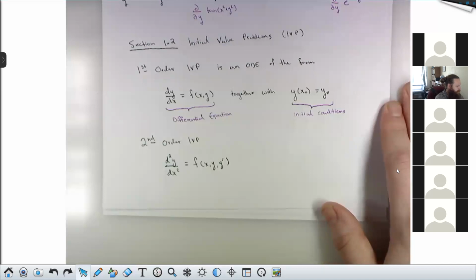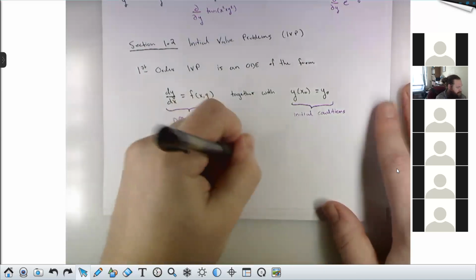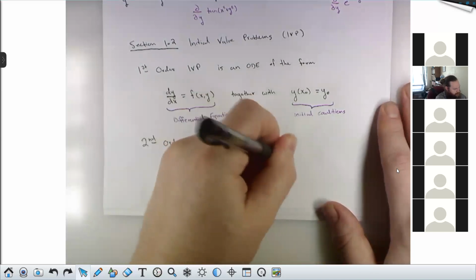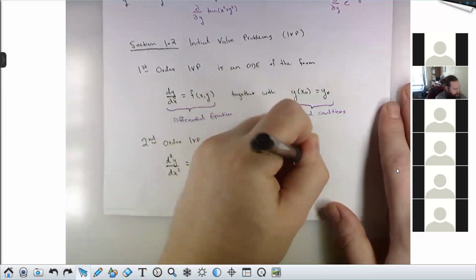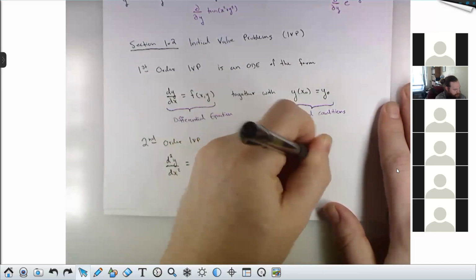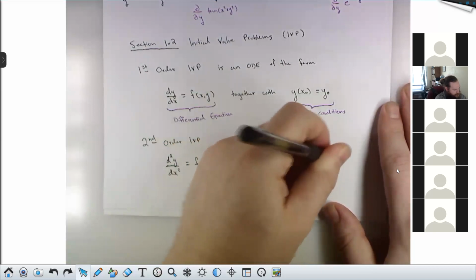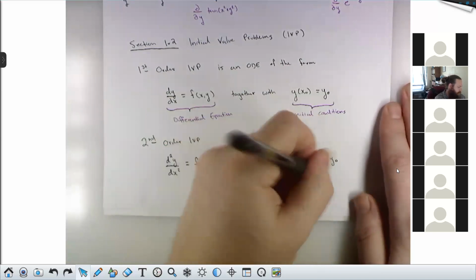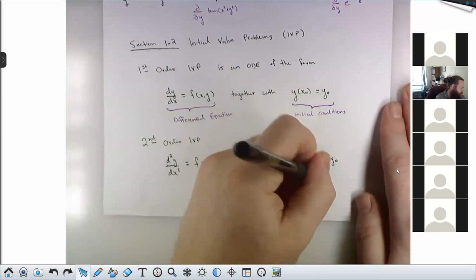And here, because you've got an order 2 differential equation, you actually need two different initial conditions. Y prime of x naught, right?